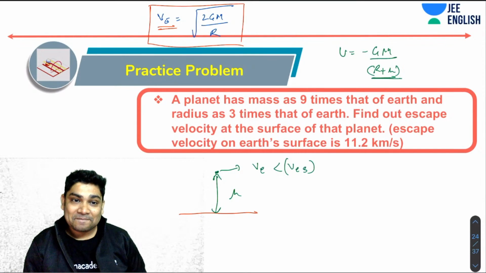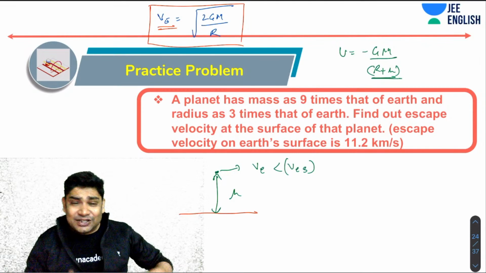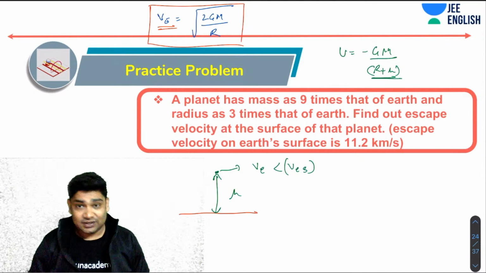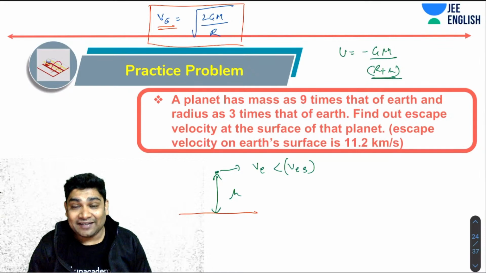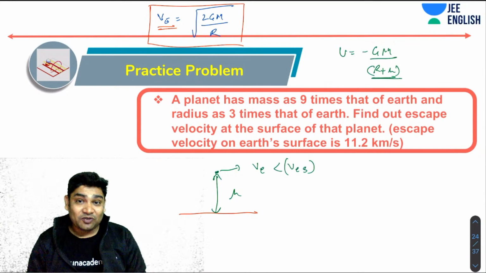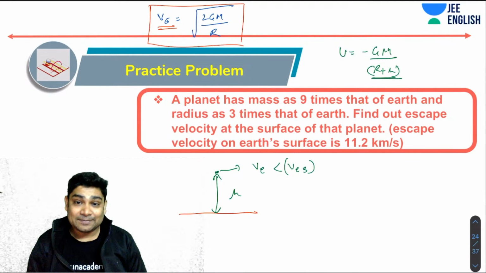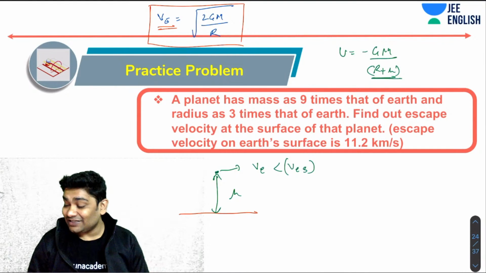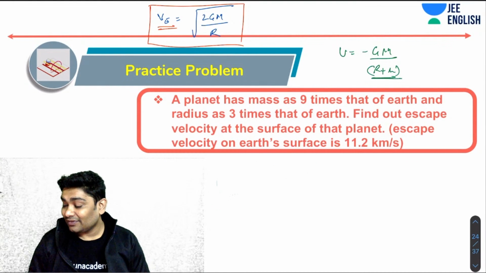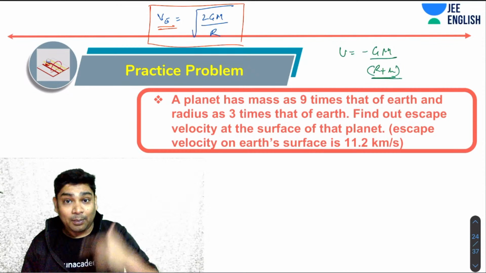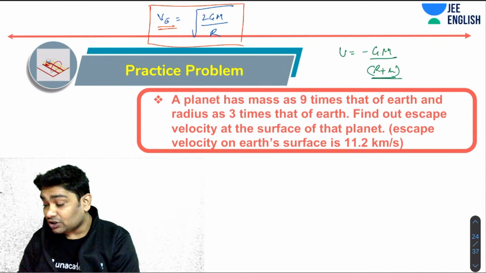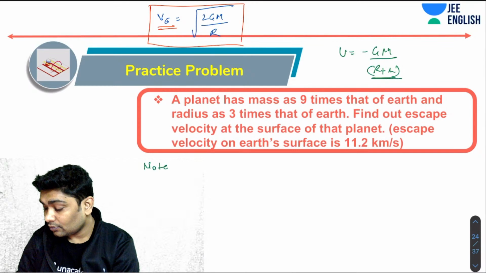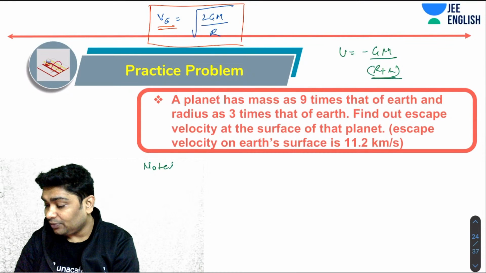Okay, what happens is as you move higher and higher from the surface, the required escape velocity reduces. Where do you think will the escape velocity be the highest? Okay, so please note this. This is very, very important. As you move above the surface, the escape velocity decreases. I hope the logic of that is clear.